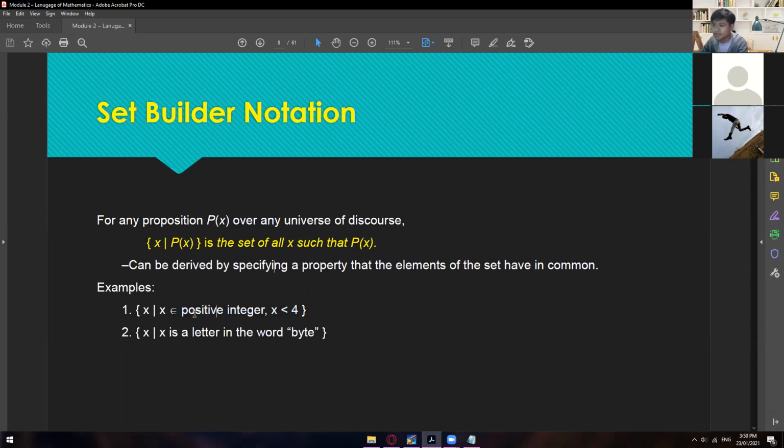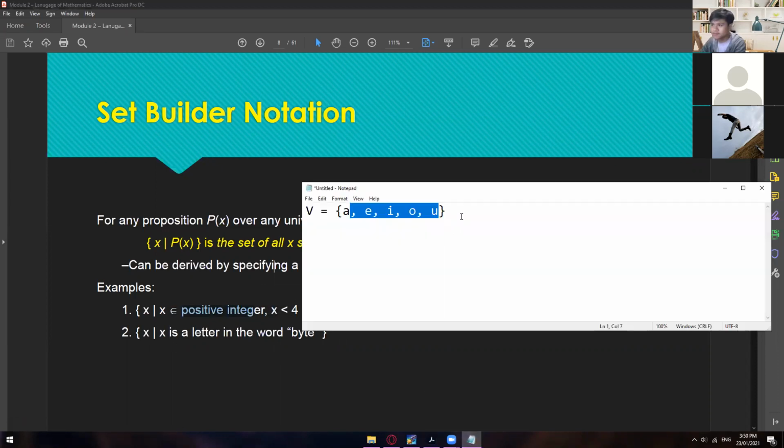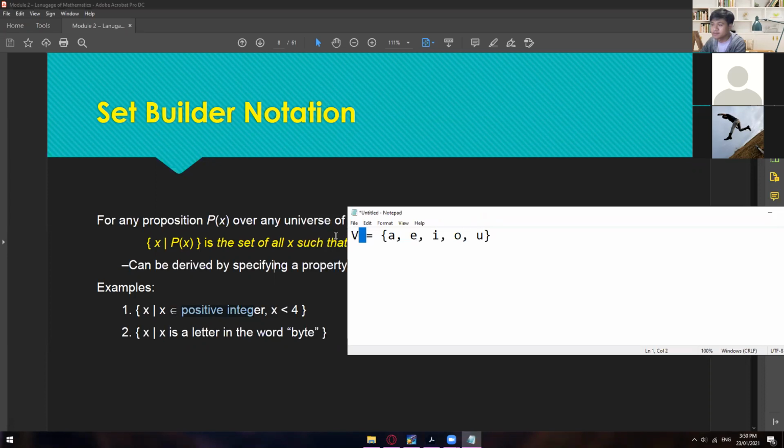Can you guys tell? Positive integer, but x should be less than 4. Anyone? So yeah, it's 1, 2, and 3.